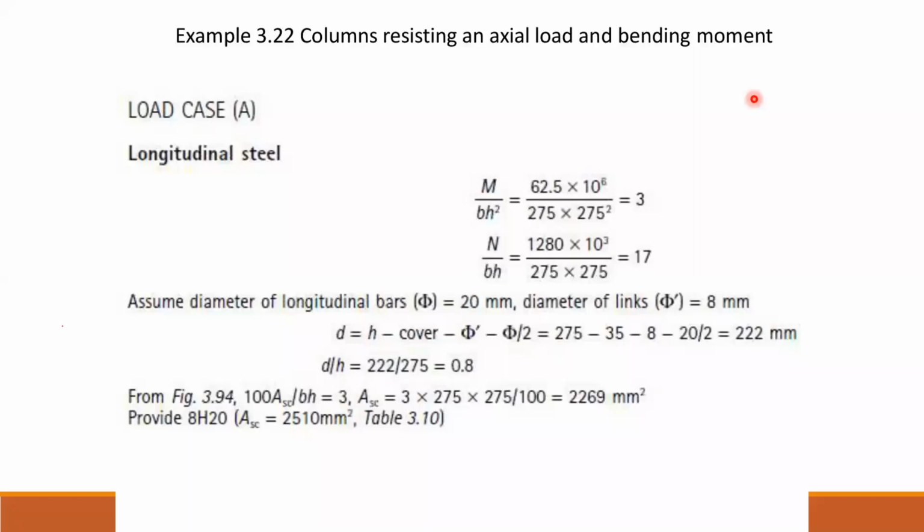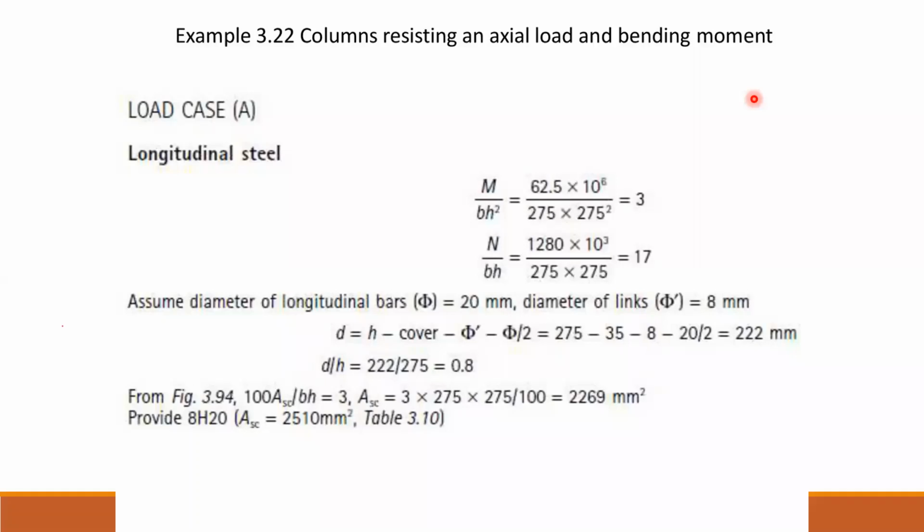Bending moment, load cases, longitudinal steel, M over BH square, 62.5 10 to the power 6 and BH 275. Then the 3 N over BH, the value is given. Assume the diameter of the bar is 20. Then the D is equal to 220. So the H is the total height, that minus cover and minus main reinforcement and minus shear links, and half of the main reinforcement, that is called the 222.